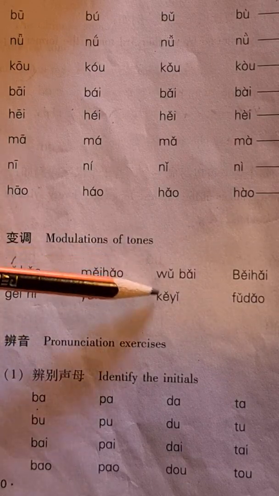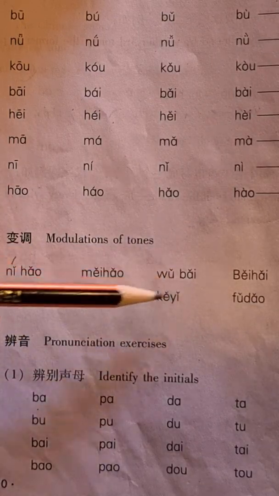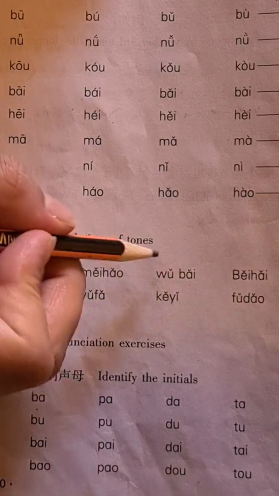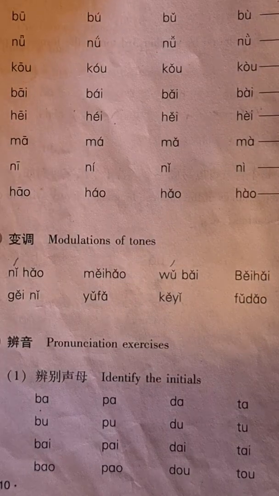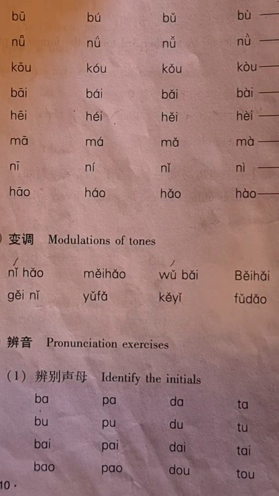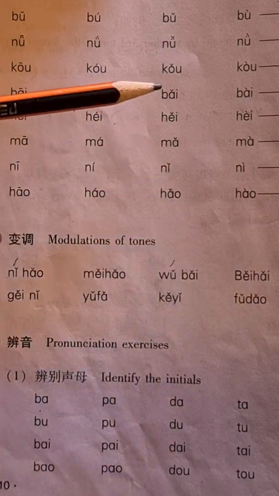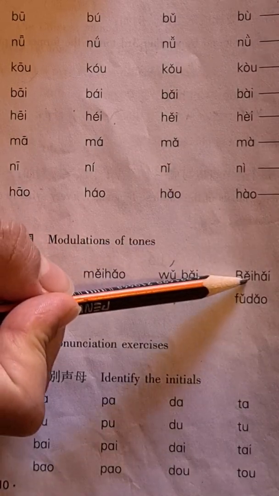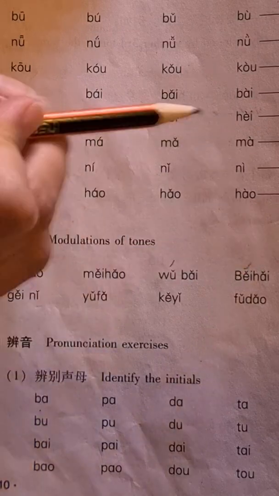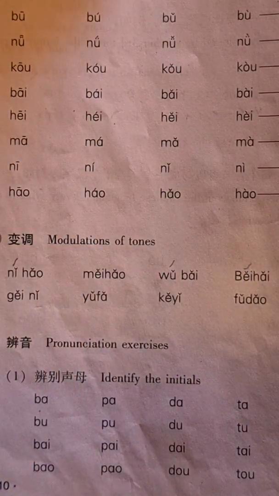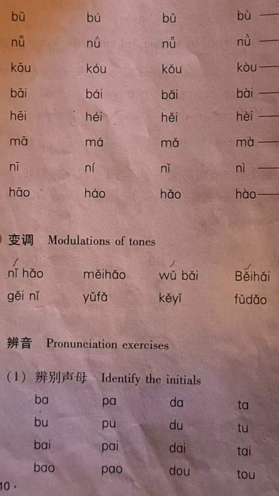Going to the third word. Wu bai, which means 500. Here, third tone, bei hai, which means the sea in the north.